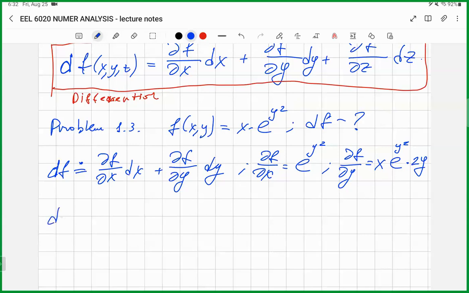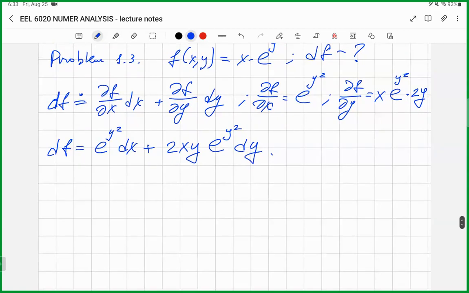So the answer is df equals e to the power of y squared dx plus 2xy e to the power of y squared dy. This is the answer for this problem.